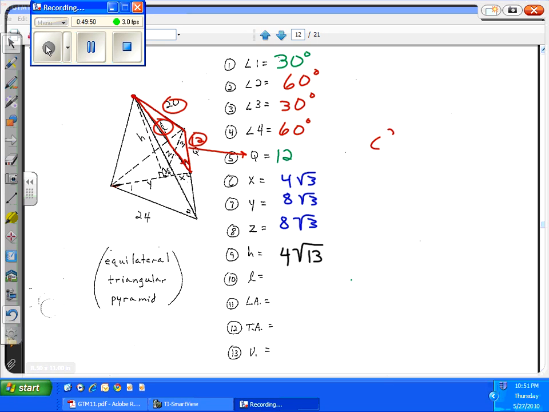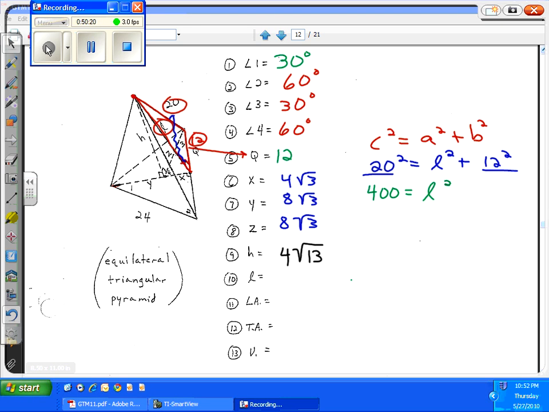So we're going to do C squared equal A squared plus B squared. In this right triangle, the hypotenuse C is 20. So we'll have 20 square equal lateral height square plus Q, which is 12 square. We're going to do the exponents.